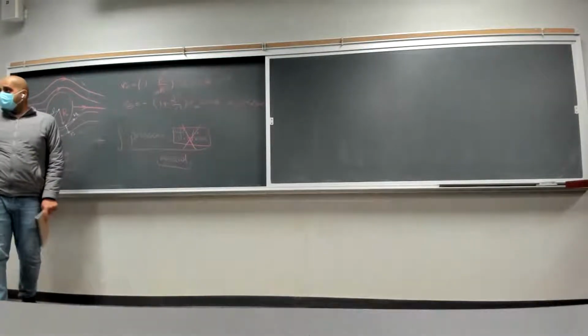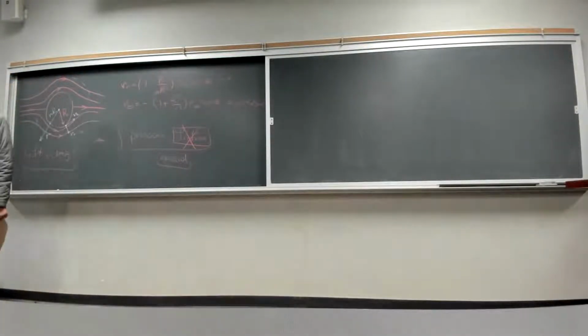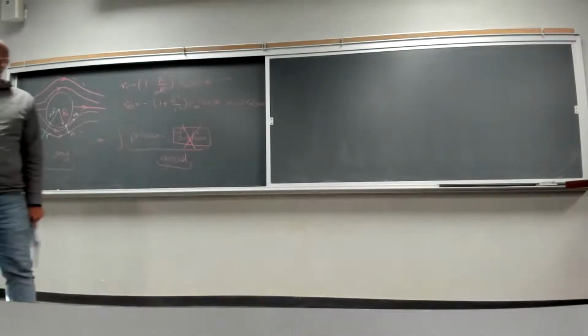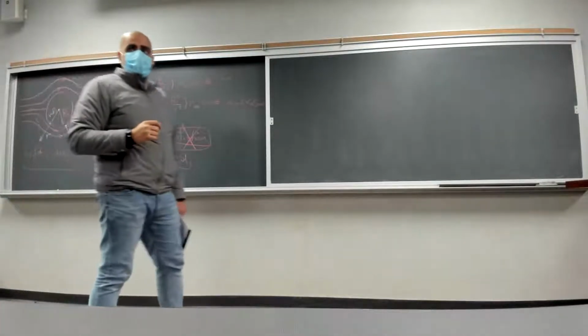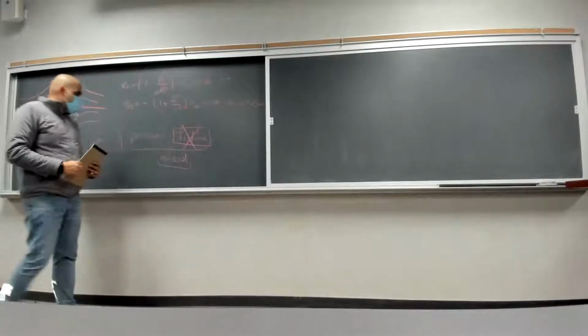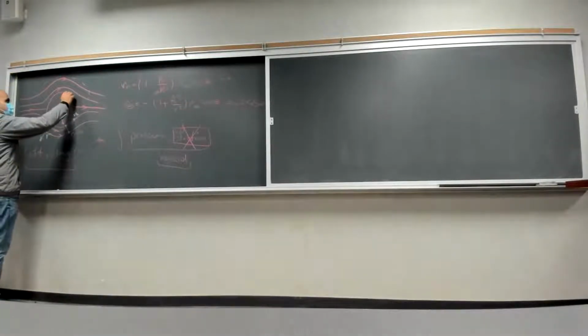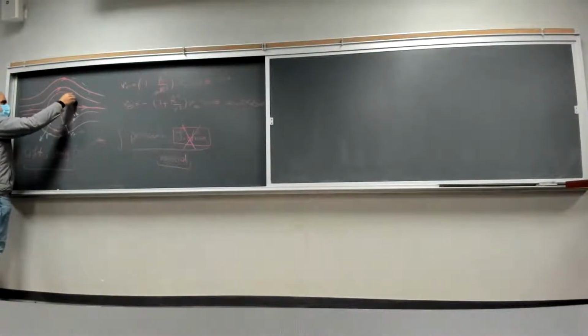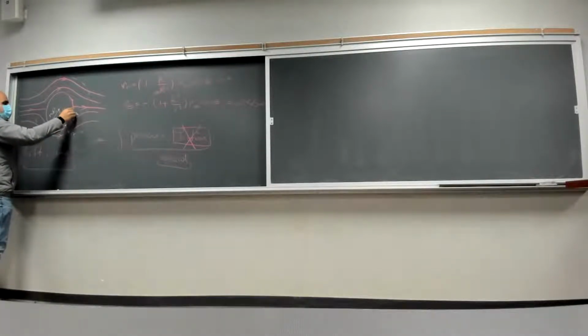So what does this mean? This means that on the surface, the only velocity component is going to be V theta, which essentially means that on the surface, your velocity vector is always tangent to the surface. Okay?